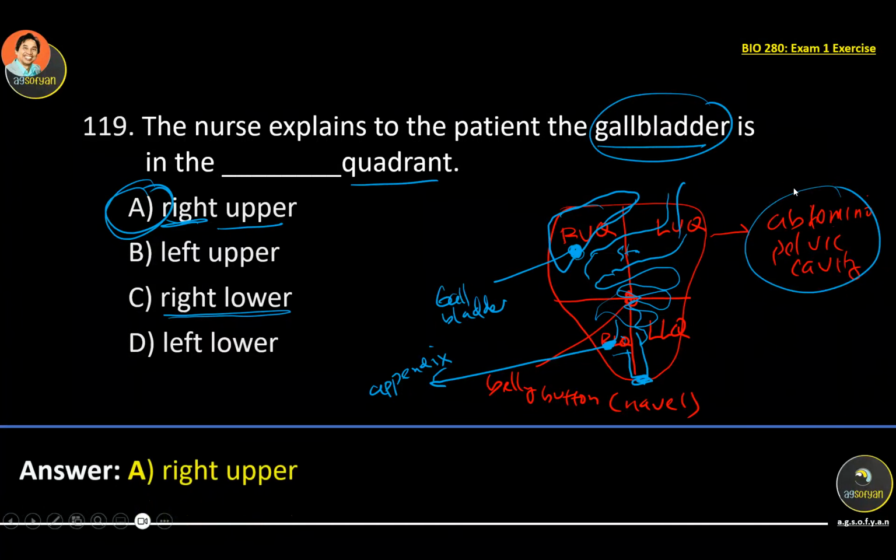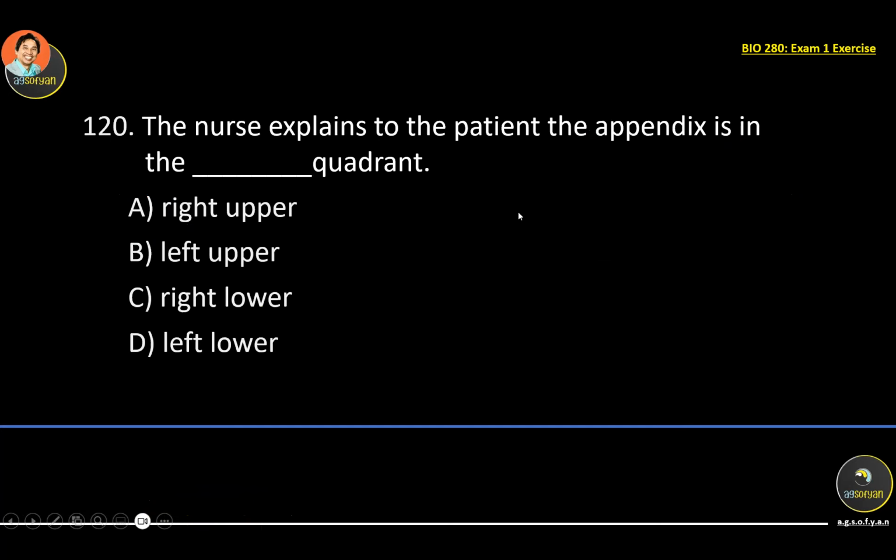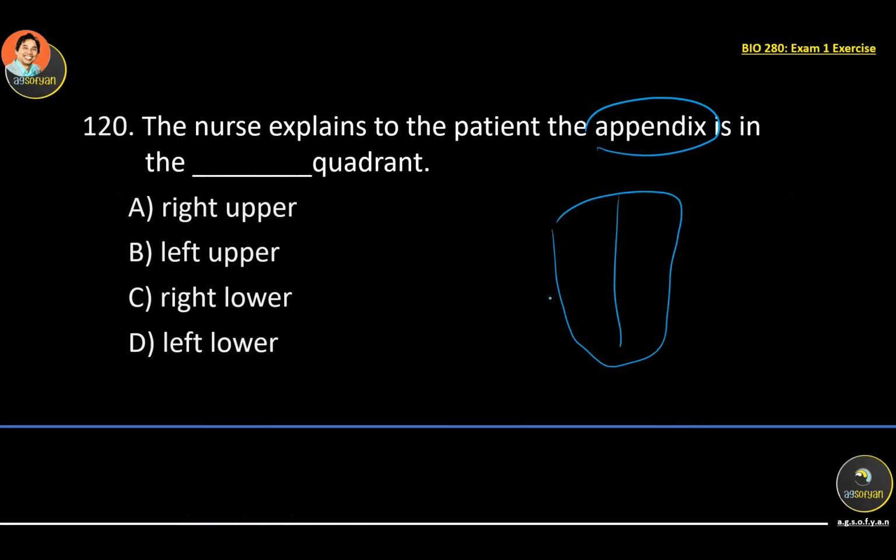The last question over here. The nurse explained that the patient's appendix is in the blank quadrant. Again, around the belly button, you have the stomach, small intestine, and then large intestine. Before the large intestine, there is the appendix over here.